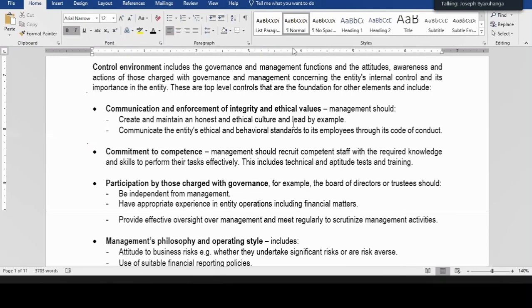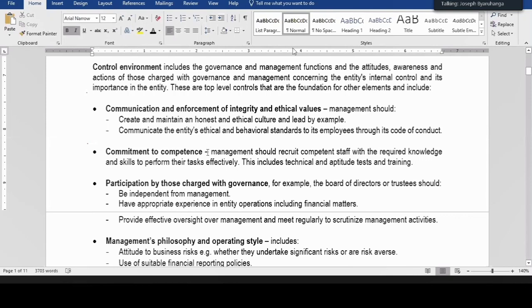And do they communicate the entity's ethical and behavior standards to employees through a code of conduct? Companies and entities have a code of conduct. That code of conduct governs how people behave. Basically, the key area here is doing good, because if you do good the company is likely to be successful. So that is the first aspect.